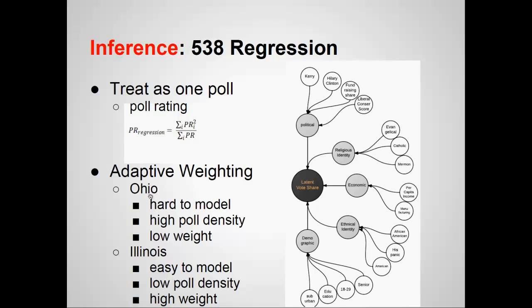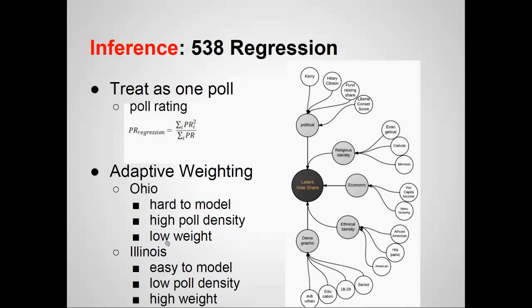The cleverness of this method is that it provides an adaptive weighting of our regression result. Let's say we regress in Ohio, which is a swing state, which is kind of hard to model because for each candidate the chance is 50-50. But you have a lot of polls there, right? Because it's a swing state, everyone wants to do polls there. So actually, our regression will get a very low weight in that scenario.